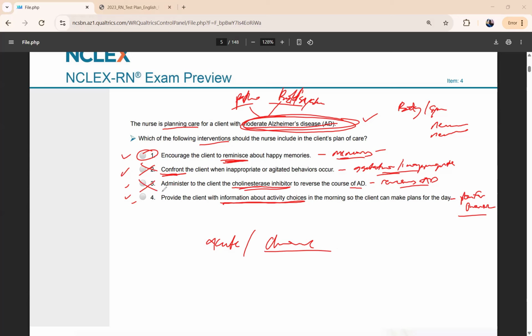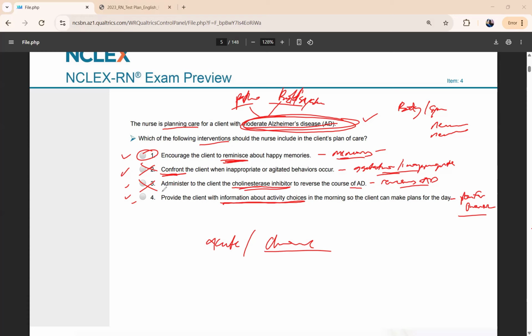You understand? Now, the other one is talking about plan of the day. For you to be able to plan, you need to know the kind of patient you are dealing with, right? Because the patient needs a plan of the day, but can they plan for themselves? That is the question. Most neurological patients cannot plan for themselves. So this will be out.